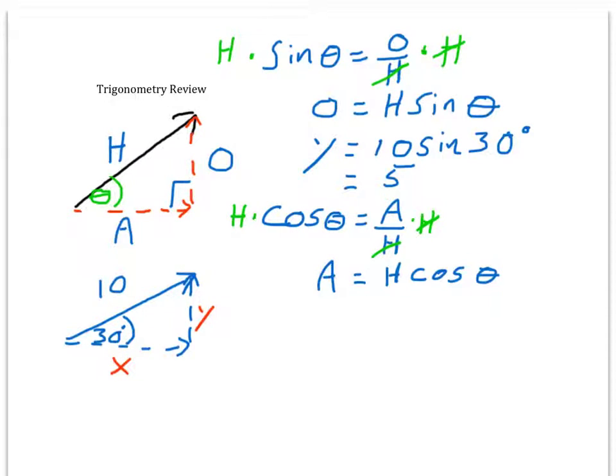In this case, that equals 10 times the cosine of 30 degrees, which I think I know the answer, but I've got to double check on my calculator. So that is 8.66. So we'll call it 8.7. All right.